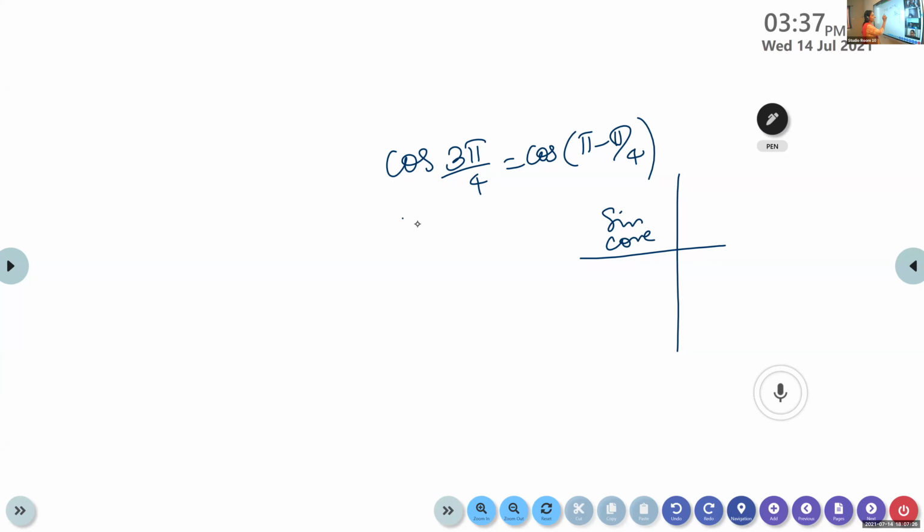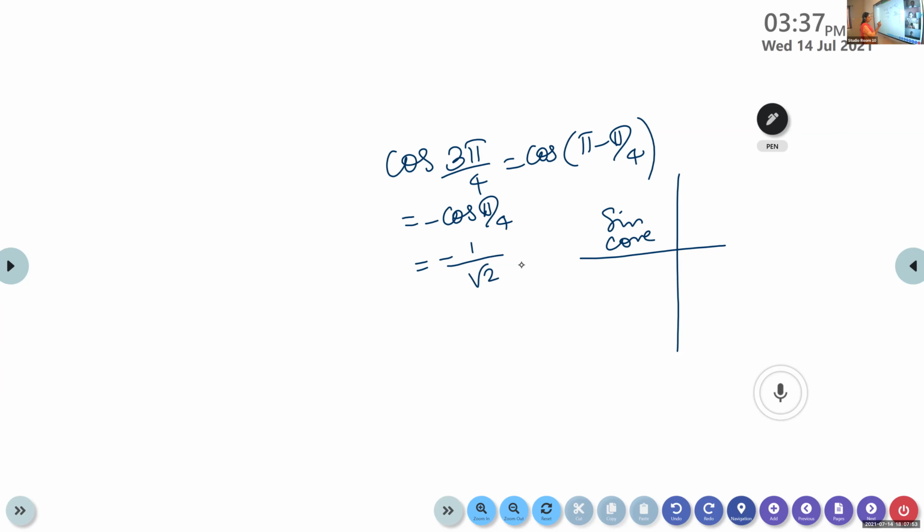So it will become minus cos pi by 4. What is the value of cos pi by 4? Pi by 4 means 45, so 1 by root 2. Cos 45, so it is negative 1 by root 2.